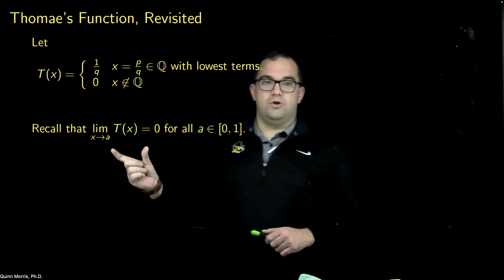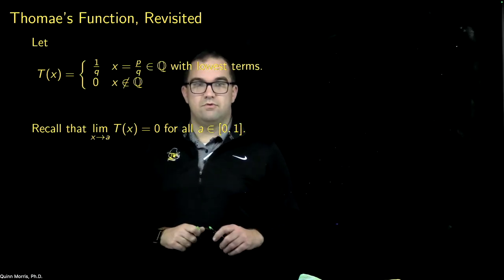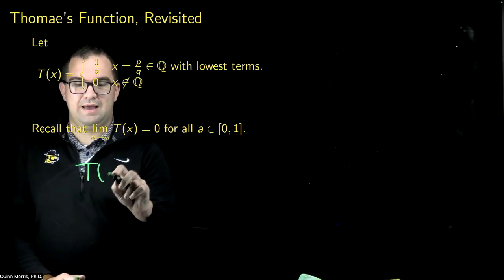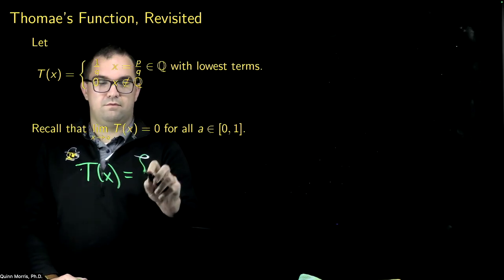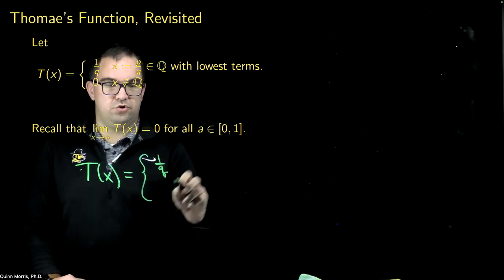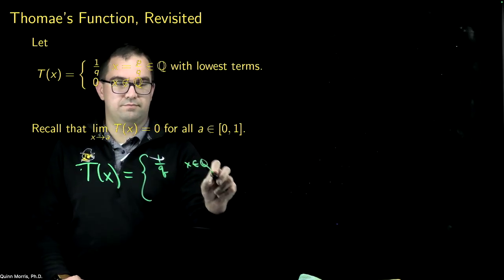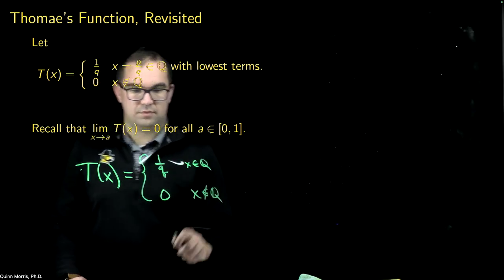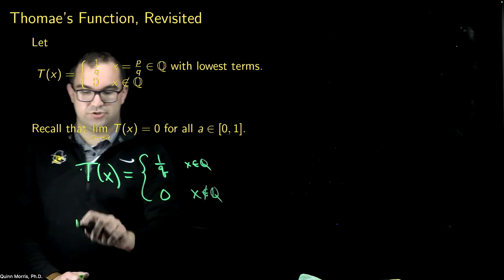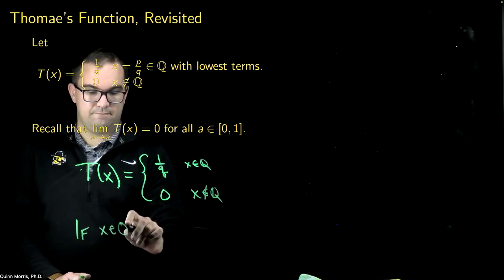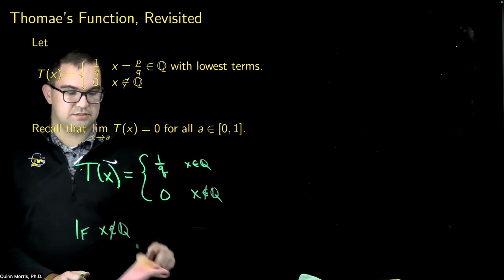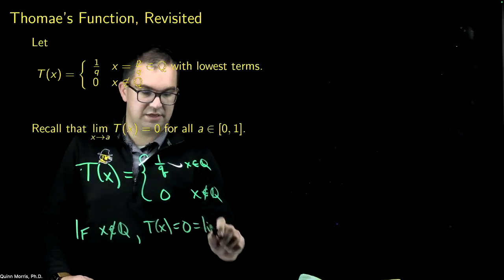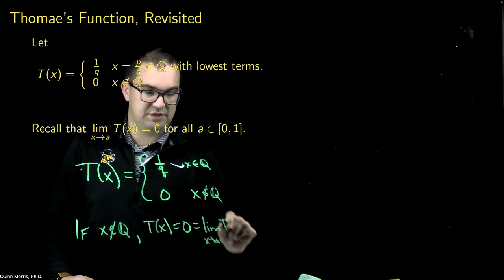So under our definition of continuity, we would say, well, t of x is going to be 1 over q if x is rational. It's going to be 0 if x is not rational. Well, in this case, if x is irrational, then t of x is 0, which is, in fact, the limit as x approaches a of t of x.